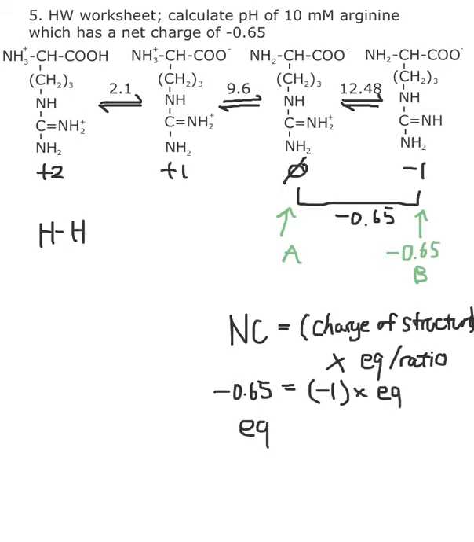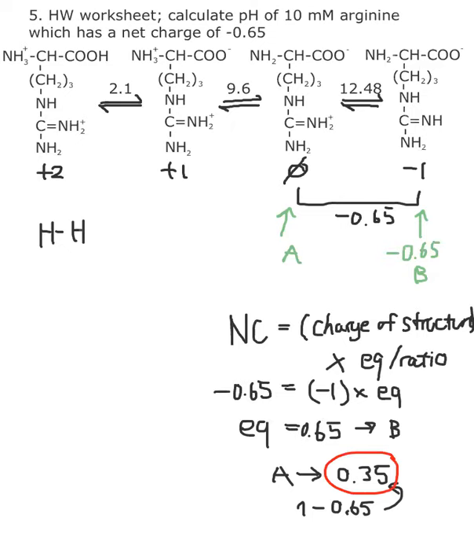So the equivalence of the last structure at this pH would be equal to 0.65. If the B ratio equals 0.65, it means that your A ratio equals 0.35, by 1 minus 0.65 here. So this value will be plugged into the Henderson-Hasselbalch equation to calculate the pH.